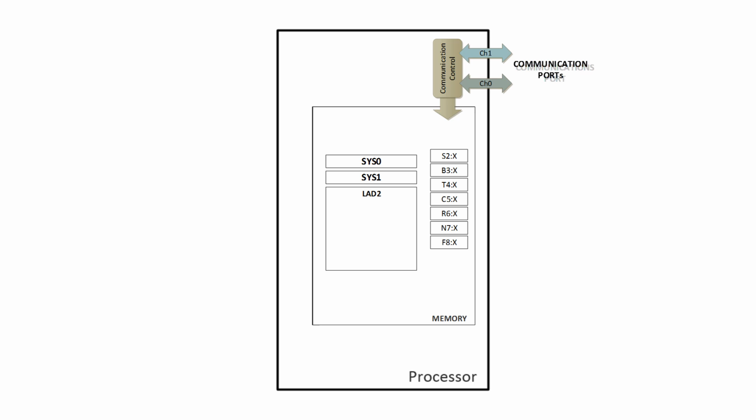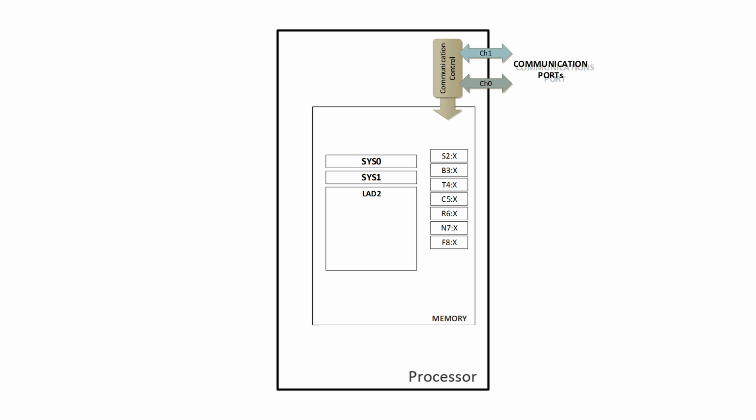This is the image of a controller that falls into the RS Logix 500 platform. Now, you came here for Connected Components Workbench, but remember, it's either because you're starting new in your career with Connected Components Workbench, or you are already using RS Logix, and now you're going to learn how to use Connected Components Workbench. So this is a good starting point for people that have RS Logix background.